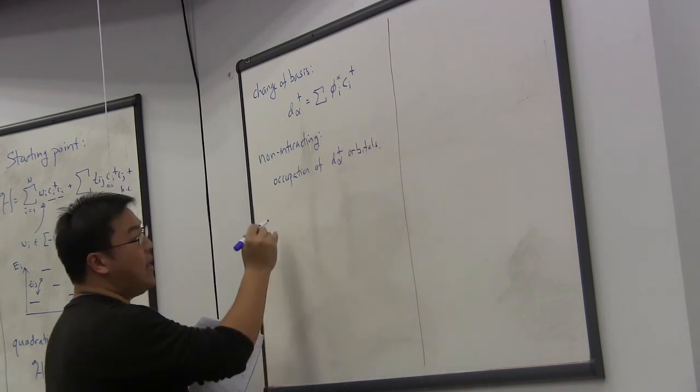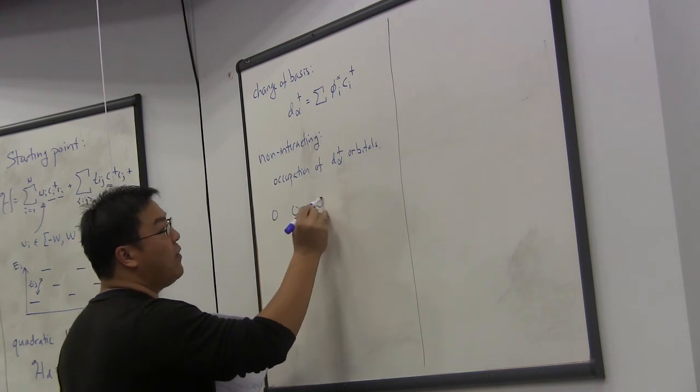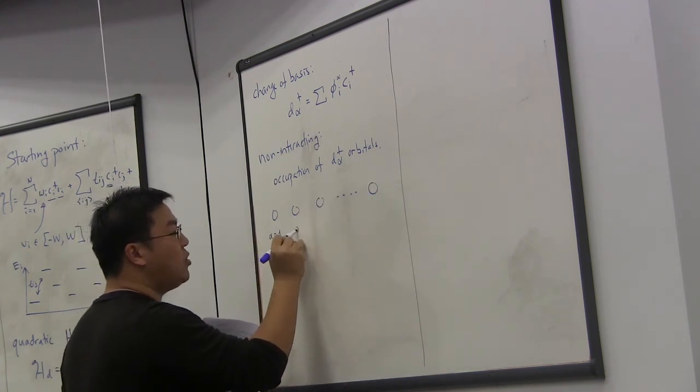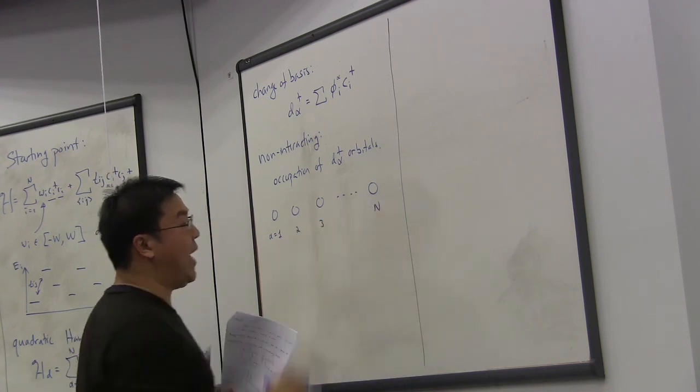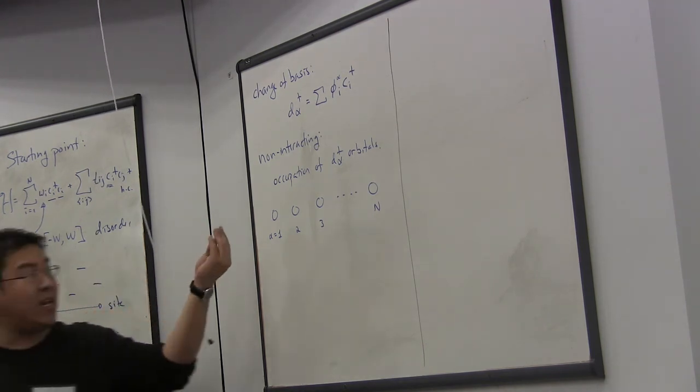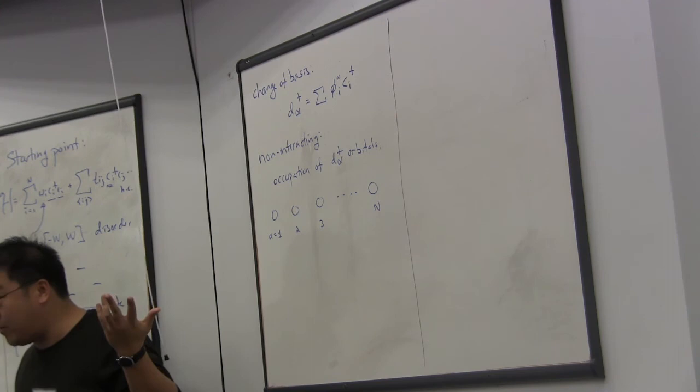So what I mean by this is I can think about every single alpha. So this is alpha equals 1, 2, 3, all the way up to n. And you can imagine now, we have n orbitals, there's 2 to the n states, any of these n orbitals can be occupied or not occupied.